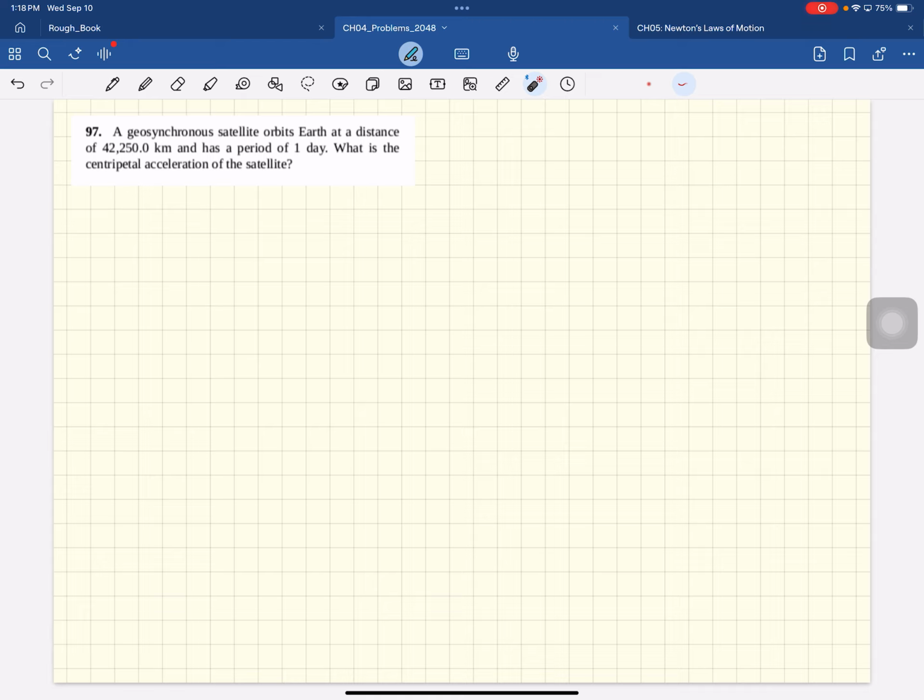Now, this signal takes 1.6 seconds to get back to Earth. So you can't use that for telephone conversations. You say hello, and then somebody says hello, and you get bored.